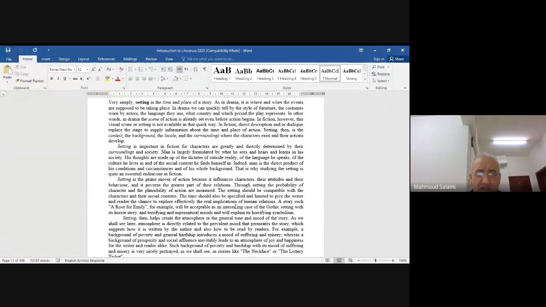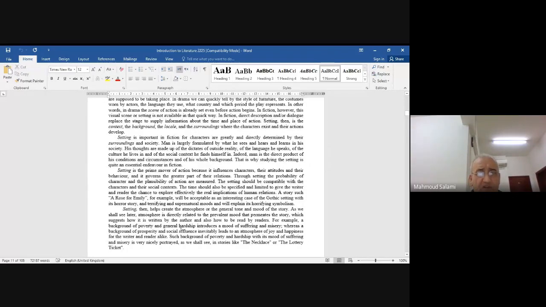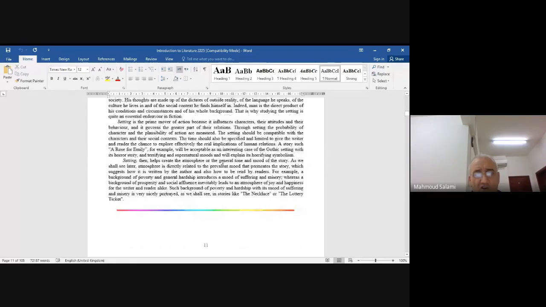And finally, setting helps create the atmosphere, or the general tone and mood of the story. As we shall see later, atmosphere is related to the prevalent mood that permeates the story or the novel, which suggests how it is written by the author and also how it is to be read by the reader or readers.